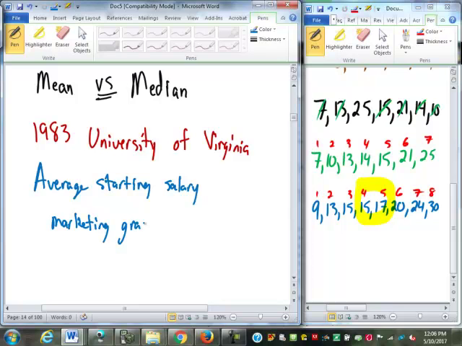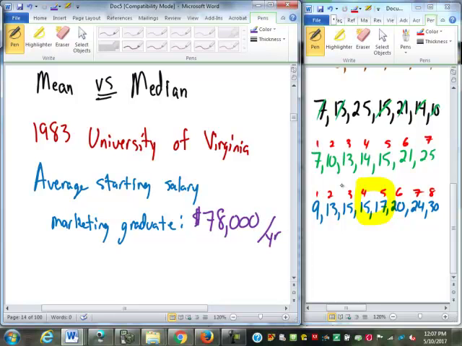Now, marketing is a pretty generic degree. It could be dealing with sales, could be dealing with advertising. Pretty common business degree. They're saying the average starting salary for a marketing graduate with a bachelor's degree was right around $78,000 per year.